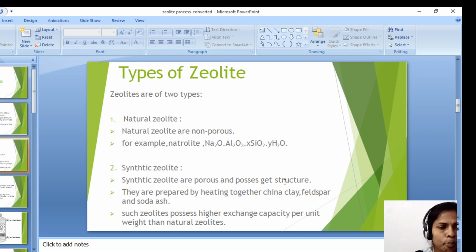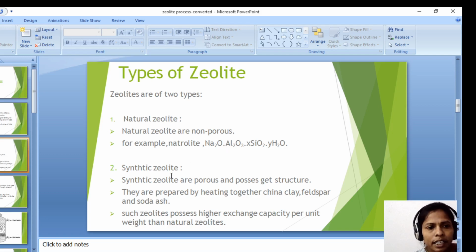So because of the pores, it has a particular structure. The example or formula of natural zeolite is Na2O.Al2O3.xSiO2.yH2O. This is also called natrolite. This is the chemical name of the natural zeolite.